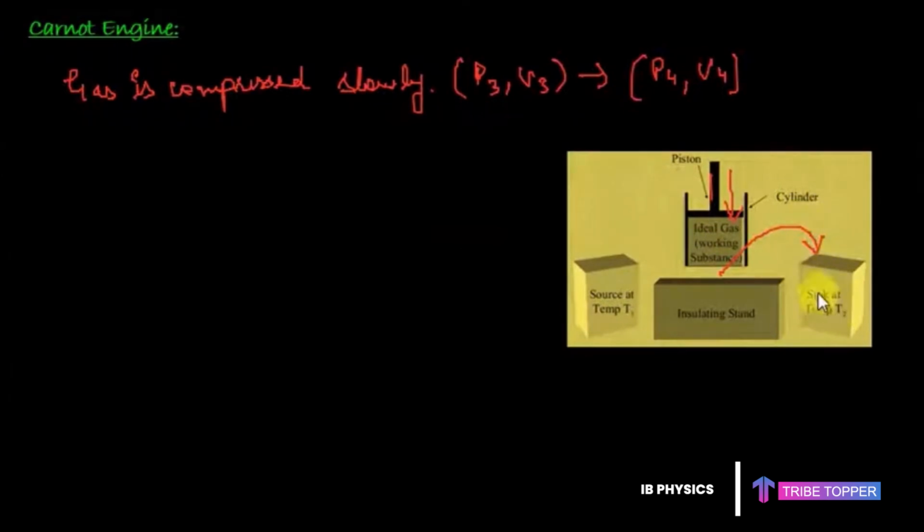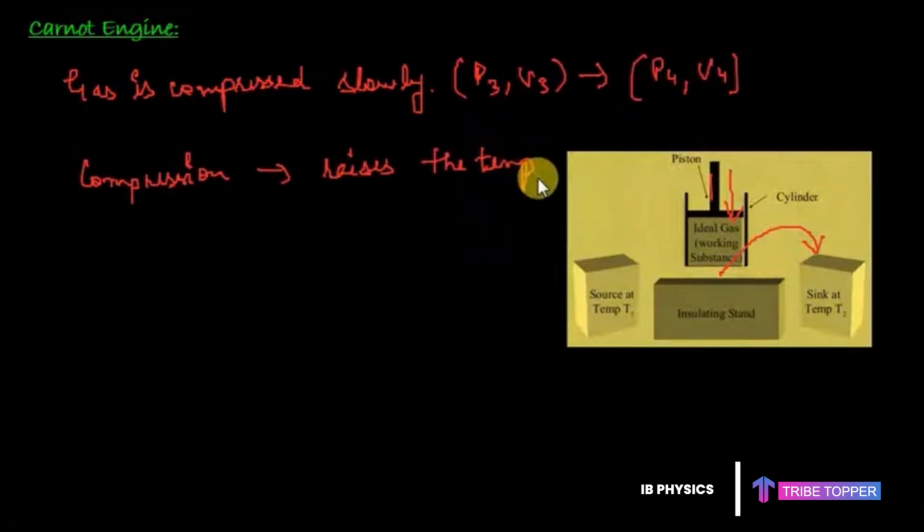So whatever amount of heat is being absorbed or supplied during the compression, right? The compression raises the temperature, but we have placed the cylinder on the sink, so it is going to reject the heat to the sink so that the temperature again remains constant.